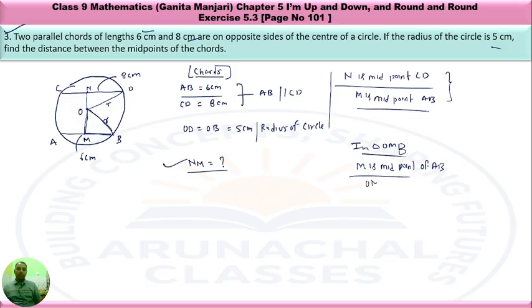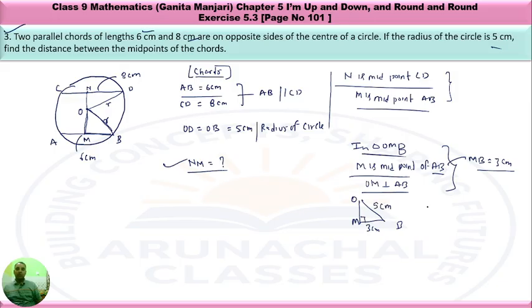Here OM is perpendicular to AB. So if I just draw this triangle OMB, as M is the midpoint of AB, it means that the length MB becomes 3 centimeter now. So I'm writing here 3 centimeter. Radius OB is the radius, which is given as 5 centimeter.